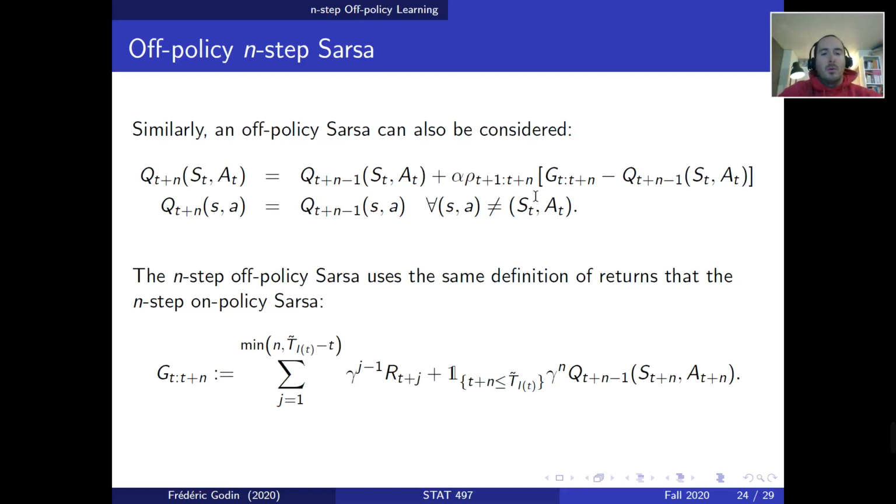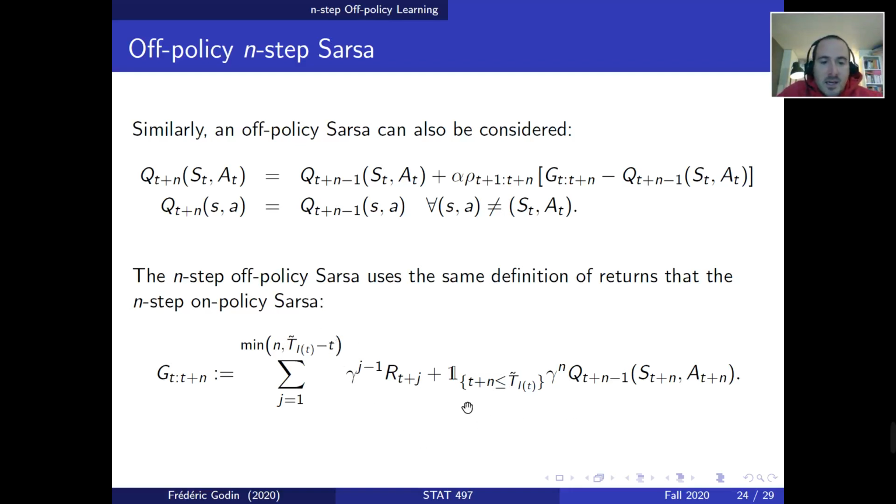We're going to go back to this: why do we have these indices for the n-step version? But first, about the target here, the target is exactly analogous to what we did in the on policy case. The n-step target for sarsa is the sum of the next n discounted rewards. We say n, but if the episode finishes before that, then we consider all discounted rewards until the end of the episode.